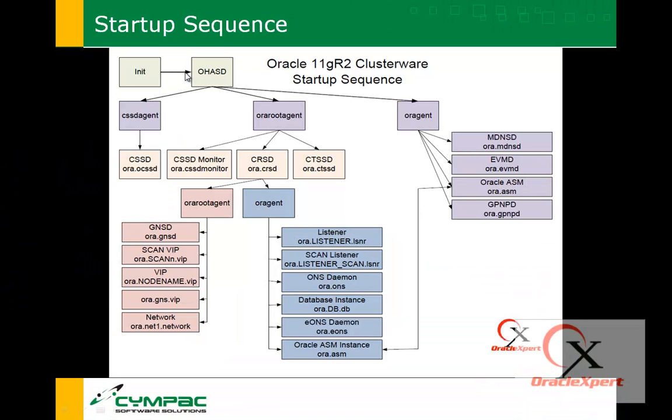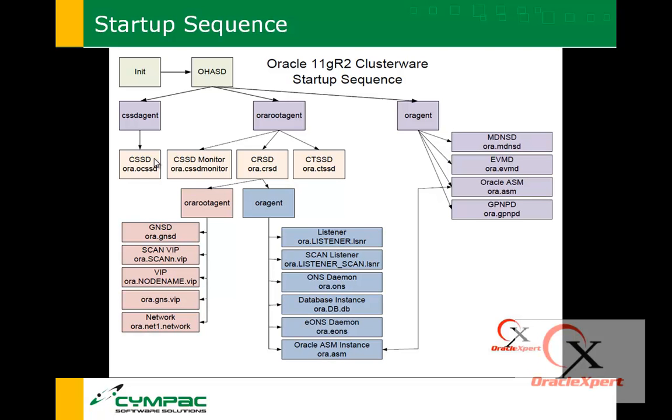So init triggers OHASD, and OHASD in turn triggers the CSSD agent, the orarootagent for privileged activities, and for non-privileged activities it triggers the oraagent. The CSSD agent internally triggers CSSD, which is the Oracle Cluster Synchronization Service Daemon, responsible for heartbeat and node membership.